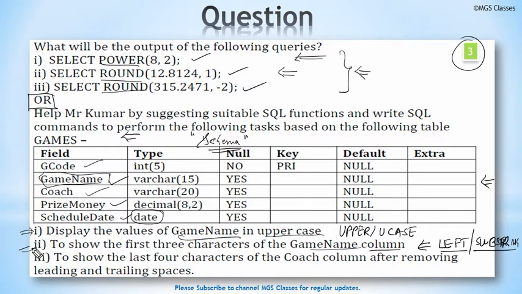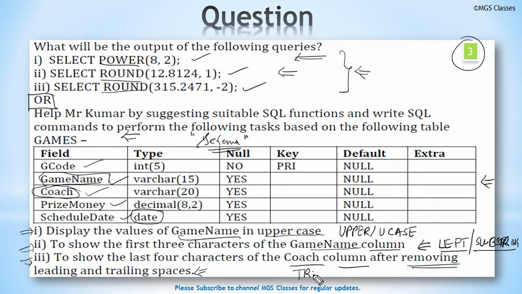Another one is the question to show the last 4 characters of the coach column after removing leading and trailing spaces. So first you need to remove the leading and trailing spaces from the coach name. So coach name is given in this coach column.